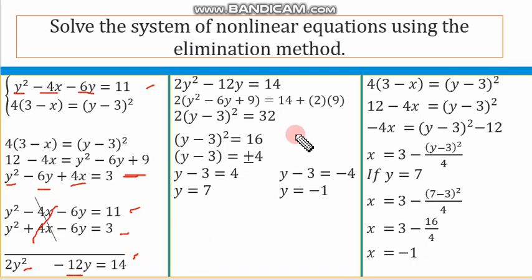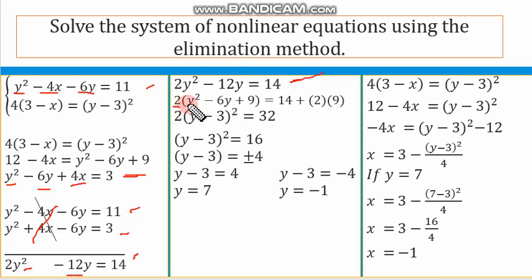Now, we could use any of the methods. We could use factoring, completing the square or quadratic formula to get the solutions of this equation. So what we did is completing the square. 2y squared minus 12y is equal to 14.